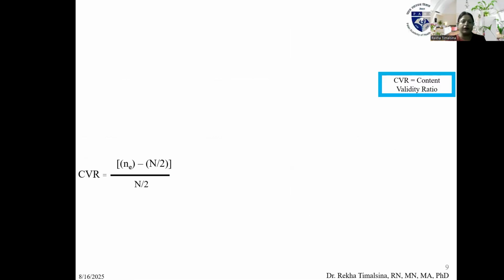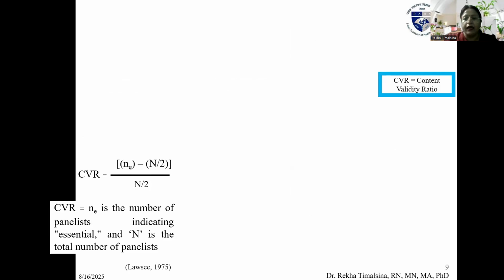In addition to the content validity index, the content validity ratio is used to determine the essentiality of each item, as proposed by Lawshe. In this method, experts rate each item on a 4-point scale from 1, not necessary, to 4, definitely essential.